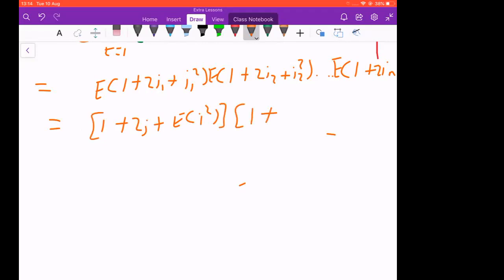And you have 1, 2, extension of I squared for all.